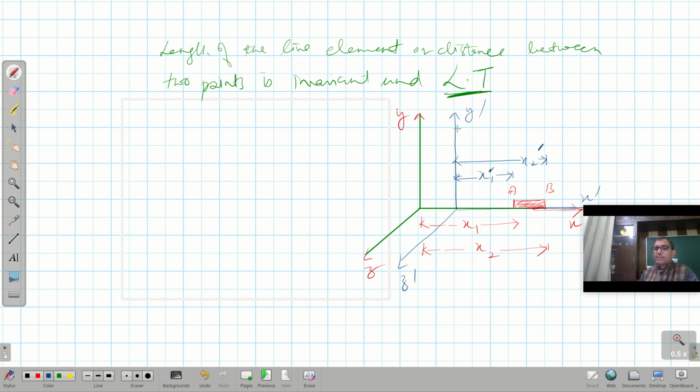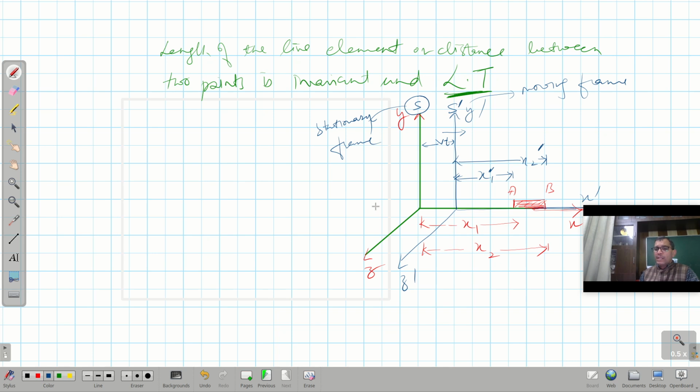This frame is stationary, and let us call it the S frame. On the other hand, this frame is the S prime frame, and let us call it a moving frame, and it is moving with velocity v along this direction. So in time t it has traveled this distance.